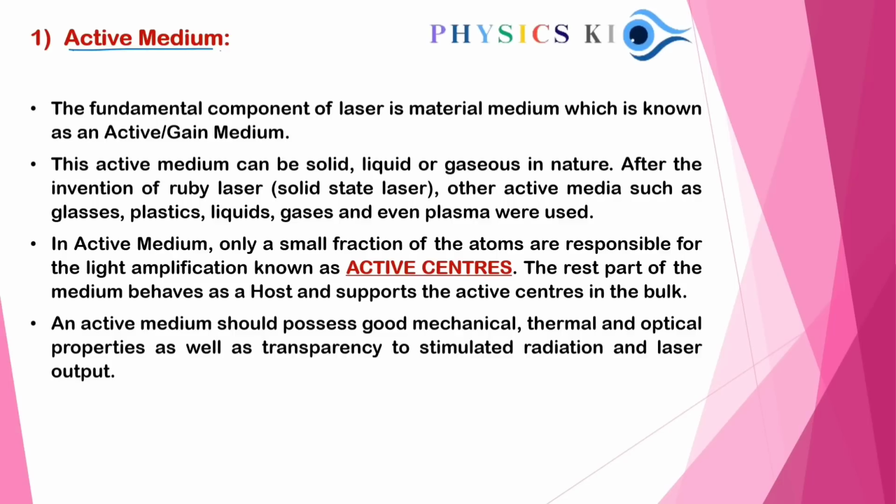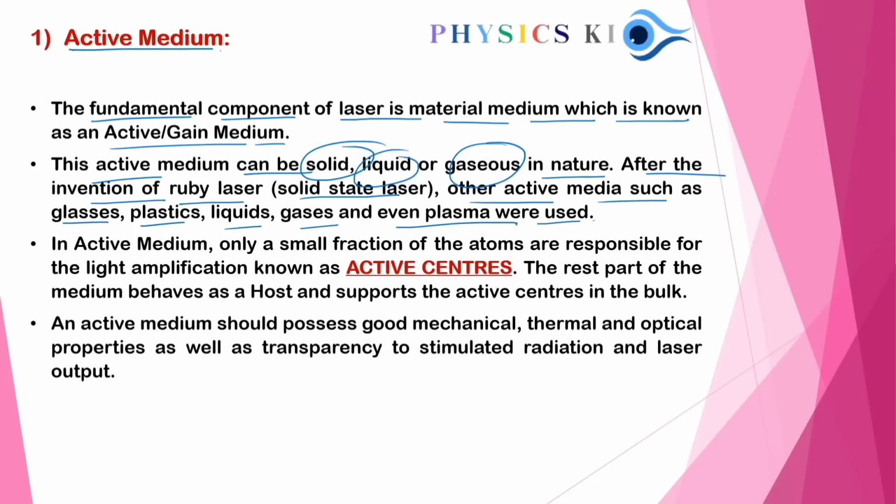The fundamental component of laser is a material medium known as the active medium or gain medium. This active medium can be solid, liquid or gaseous in nature. After the invention of the ruby laser, a solid state laser, other active media such as glasses, plastics, liquids, gases and even plasma were used.